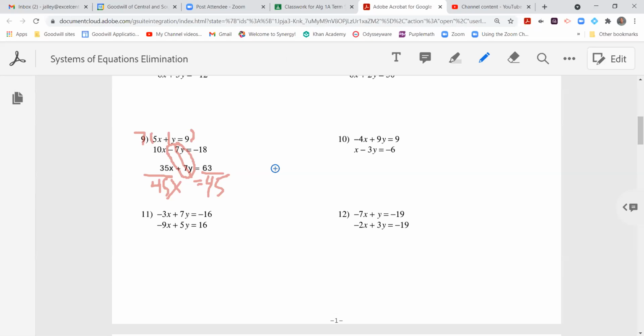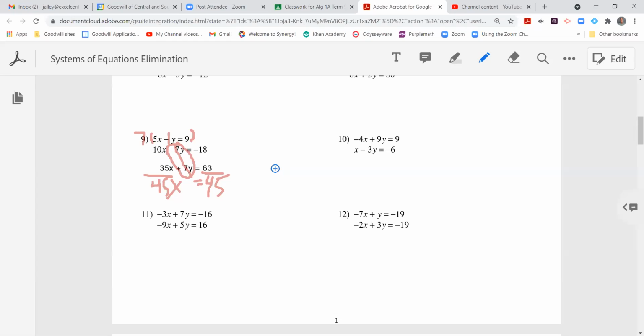So you divided 63 by 45? No. Nope. 63 is positive. What are you going to do with the negative 18? We're working in this whole column here. The x column gives me this 45x. Right.